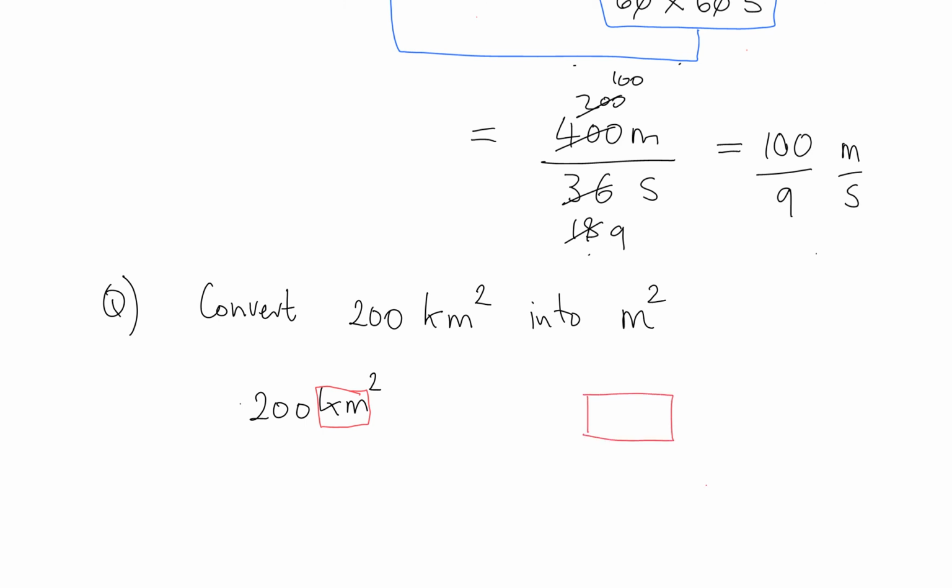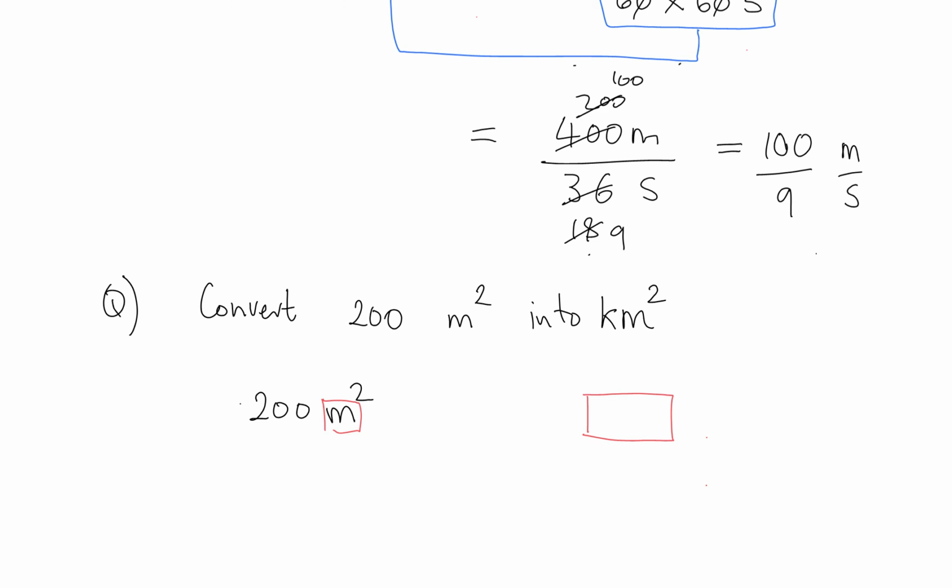Oh, beg your pardon, I wanted it the other way around, didn't I? I said we're going to start with a small quantity this time. So we want kilometres squared there. Okay, so let's just start with 200 metres squared into kilometres squared. Now, 1 metre is how many kilometres?